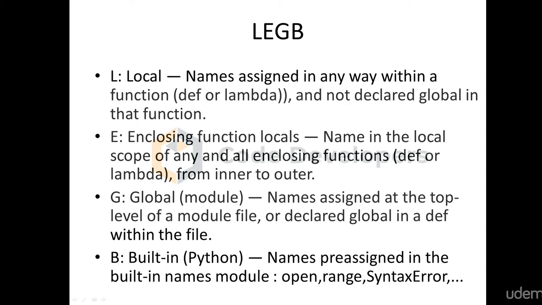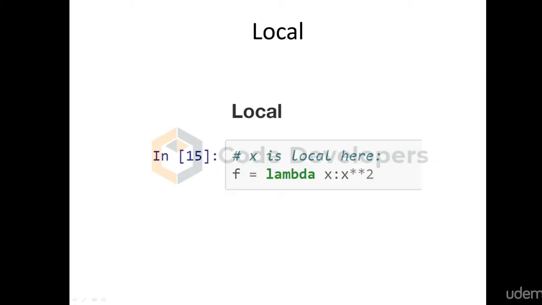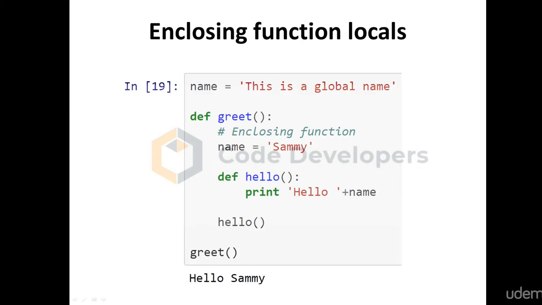So let's go ahead and break down a few examples of all 4 of these. First, local. If you have an expression here, x is local to that lambda expression, or any function. Next, enclosing function locals. This one's a little different. Here I have an example which you've already coded through. I'm assigning name equal to this is a global name, outside of any function.